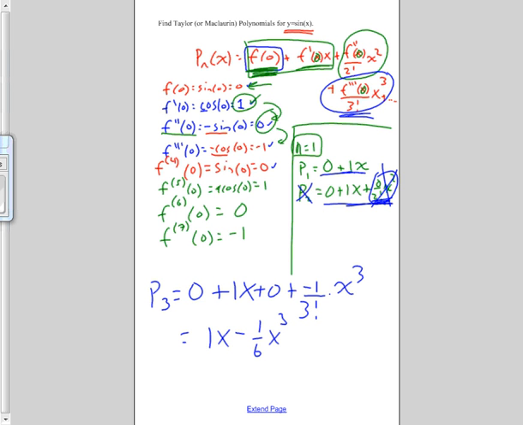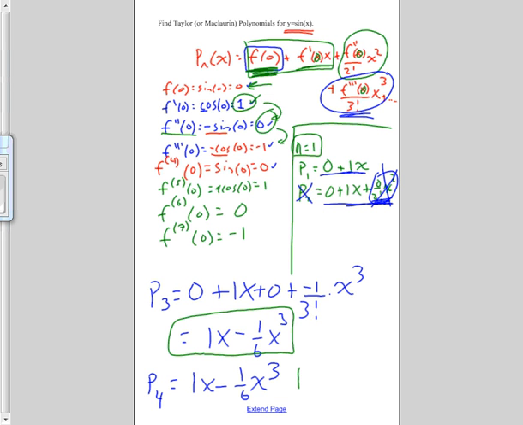Okay, what about P4? P4, when we put it in, it's sort of like P sub 2, we're going to get 1x minus 1 over 6 x cubed. That's the P sub 3.